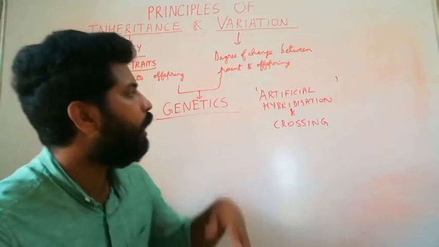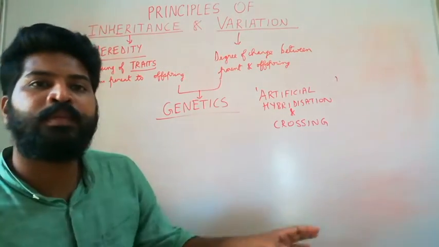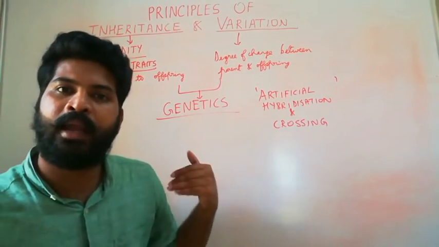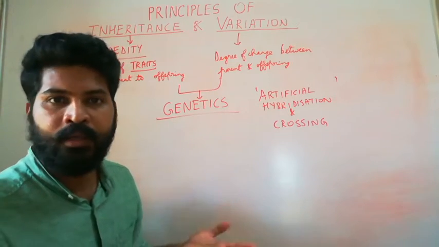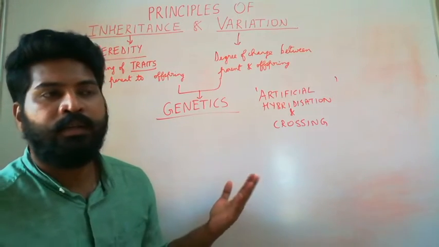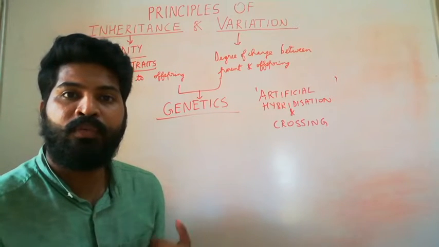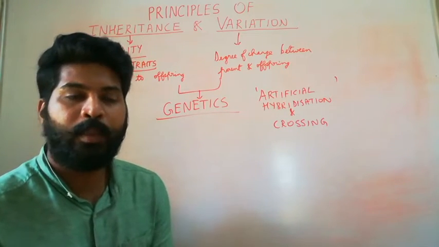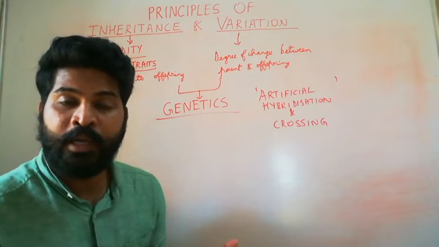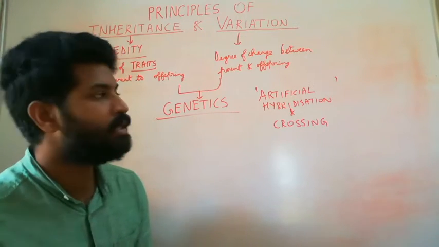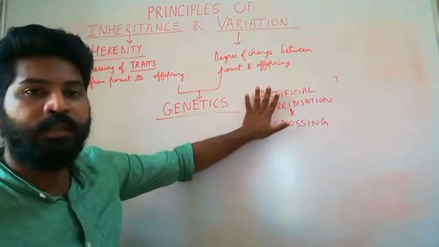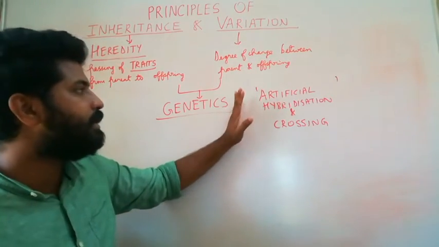So that is how different types of crop plants and commercial plants were developed by our ancestors. Similarly, the animals, domestication of wild cows, domestication of wolves into dogs, all these are a result of this. So that is genetics in practice.